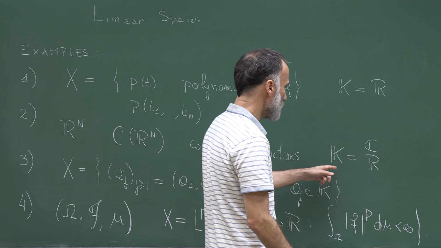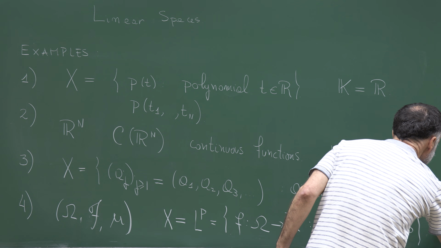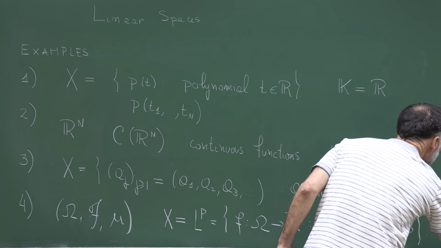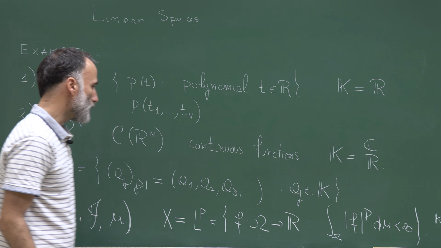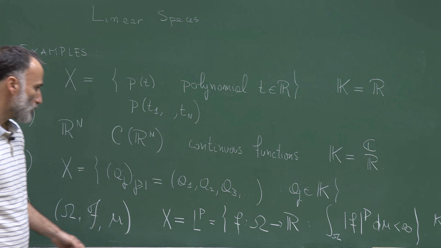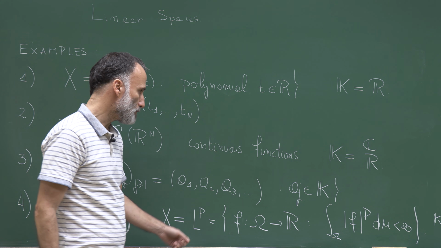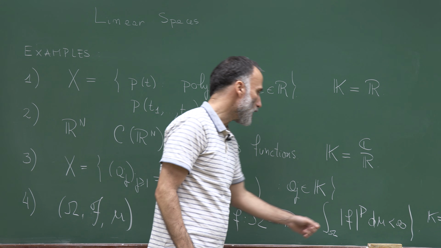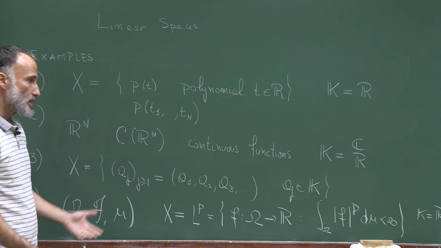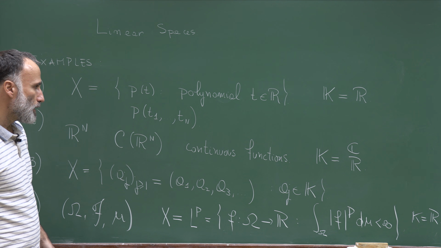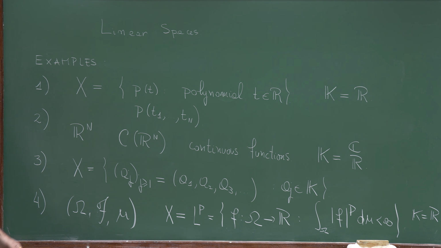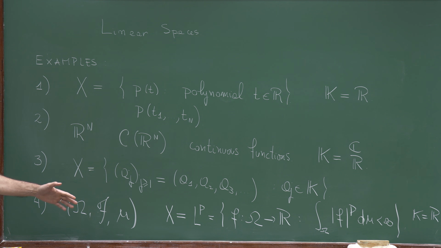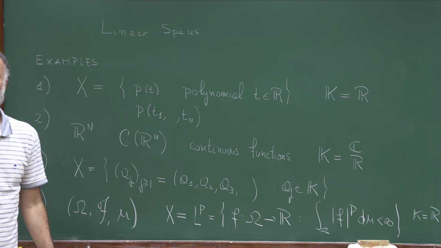And of course, now you take K to be the space of real numbers, and it's known that L^p is a linear space. It's easy to show, and therefore this is another example of a linear space which will appear also in these lectures.